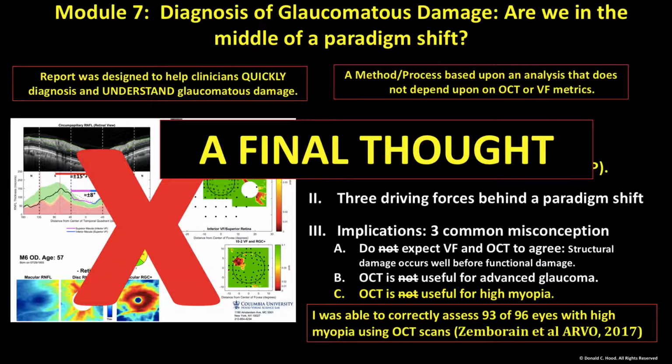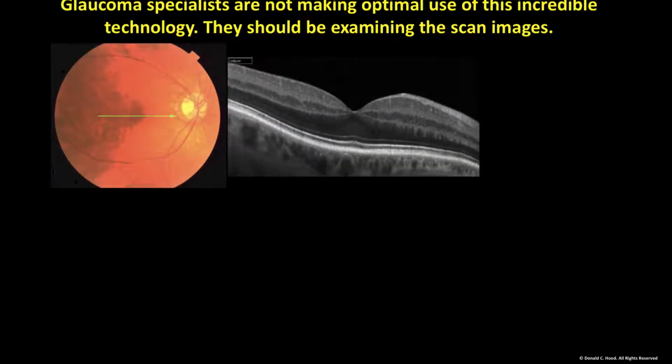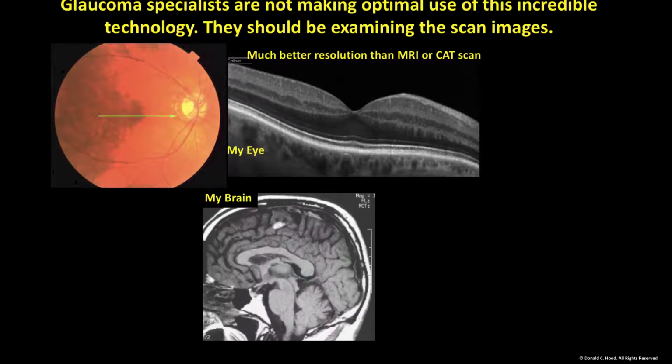So I just want to leave you with one final thought. And the thought is that the glaucoma specialists are not making optimal use of this incredible technology. They should be examining the scanned images. Right? And to bring that point home, I want to compare the OCT of my eye to the MRI of my brain.